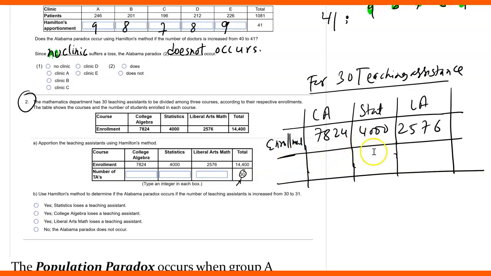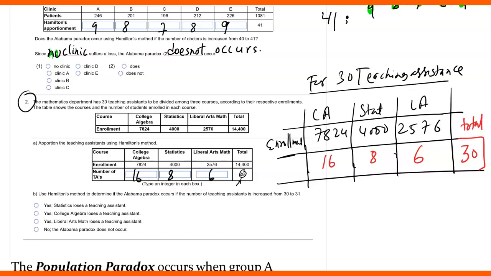Okay, I'm writing just the final apportionment using Hamilton for 30 teaching assistants. The apportionment is going to be this: college algebra has 16 teaching assistants, statistics has 8, and liberal arts has 6. And if you add, the total is going to be 30. Okay, total 30.